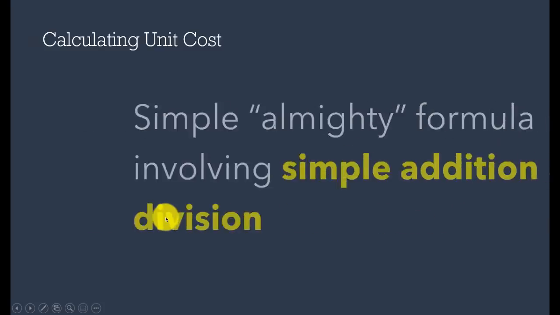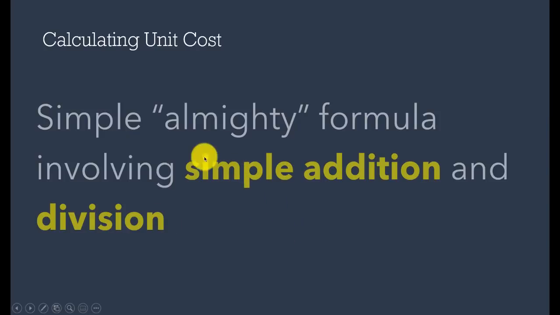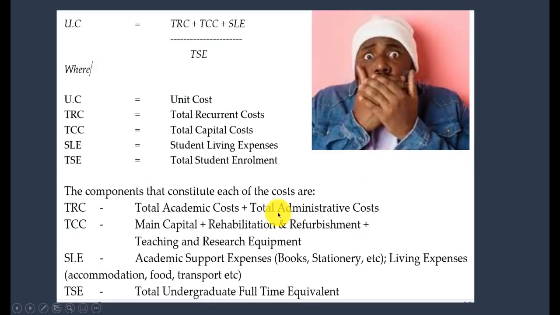So let's see how we calculate unit costs. Calculate unit cost. Now, there's what you can call an almighty formula, but hey, it's as simple as addition and division. I'm just adding all the expenses and dividing by the total number of students. Oh, I can see you are scared seeing this screen.